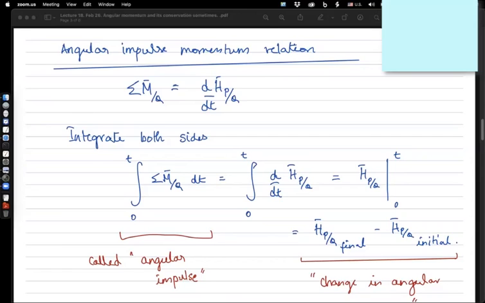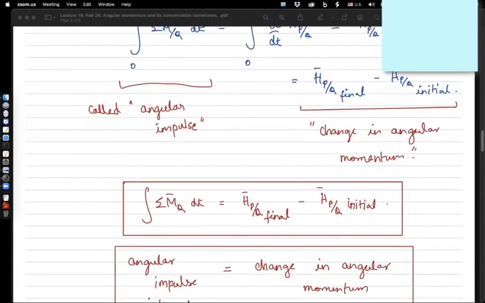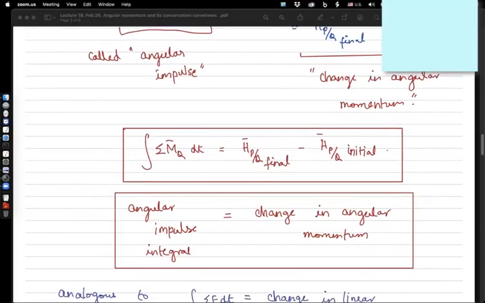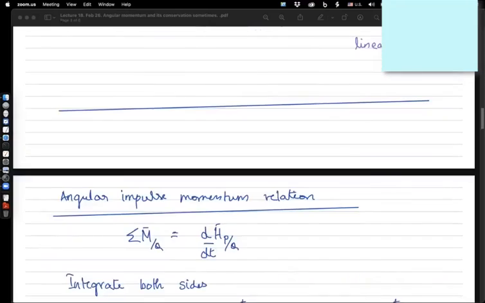Integral of moments equals angular impulse, okay? So I'm just summarizing that equation again. Integral of all the moments equals change in angular momentum, or in words, angular impulse integral equals change in angular momentum, okay?